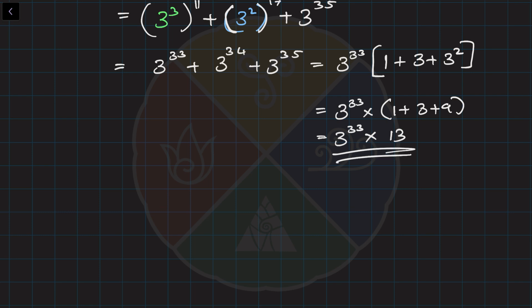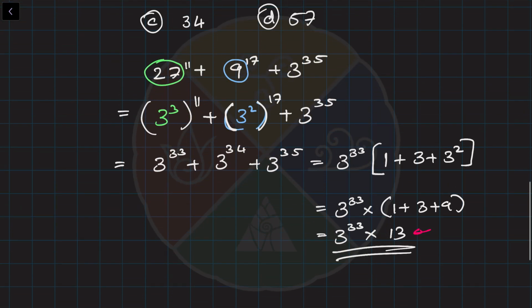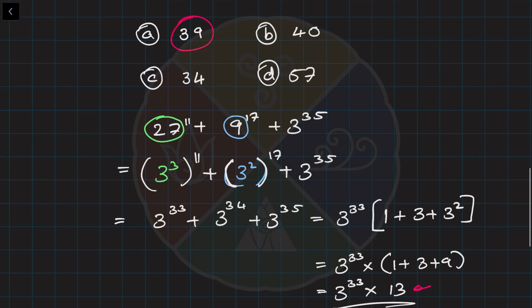So this number will be divisible by any number which has factors of 13 and the powers of 3 till 33. So if you look, there's only one number like that, 39, because 39 is nothing but 3 into 13. So this number is only divisible by this number.